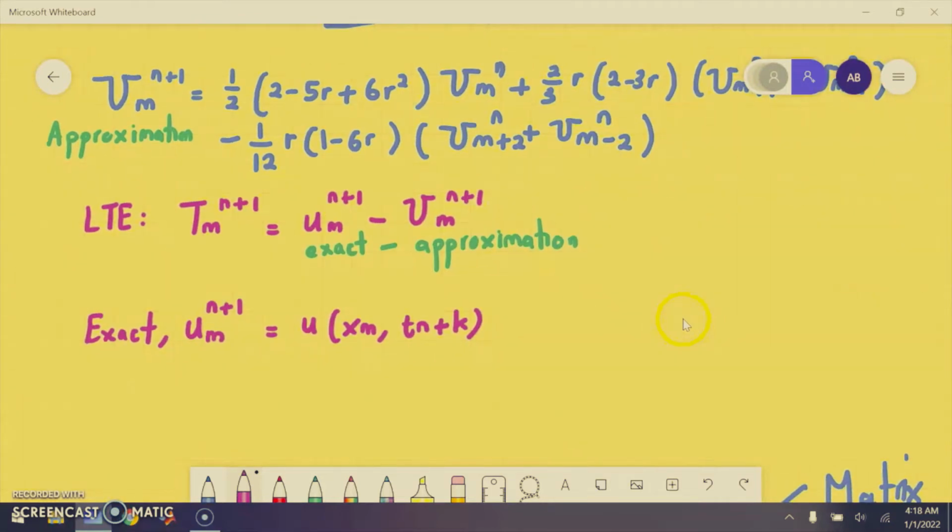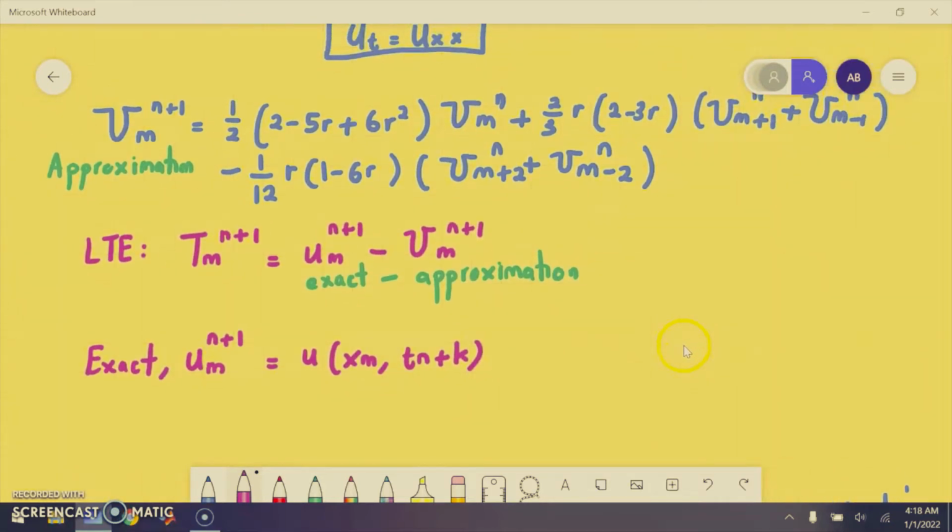Okay, so just to recall our grid point here, we had a grid point at (x, t), where x is mh, and t is nk. Now let me just erase my whiteboard.